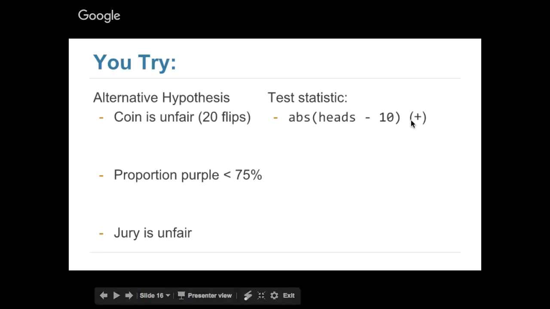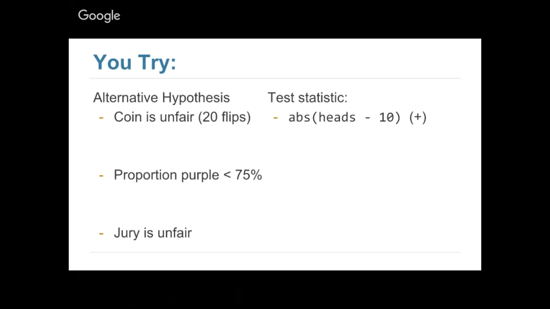Okay? Yeah, question? Could we, instead of 10, use the number of tails? Yeah, so if you're saying, instead of counting heads, I count tails, what would you do in that case? I could do it either way. What about tails? What do you think? No, I mean if we do the absolute value of the number of heads minus the number of tails. Let's see.